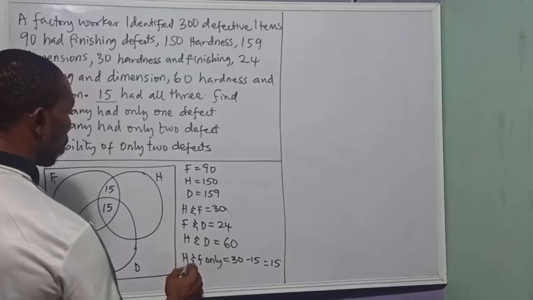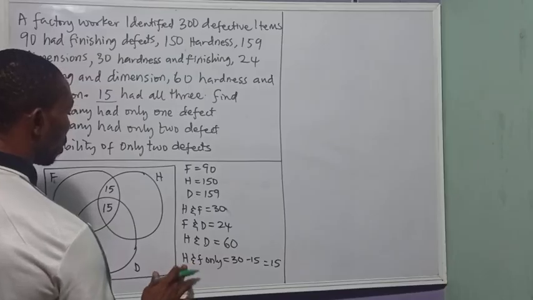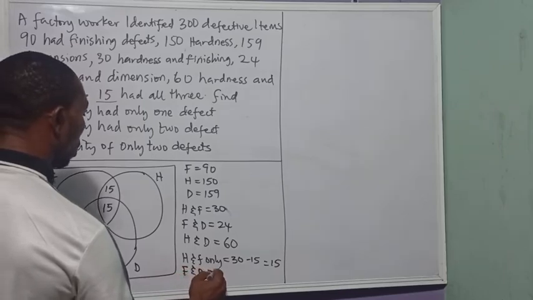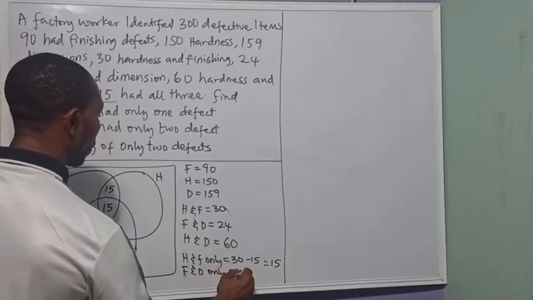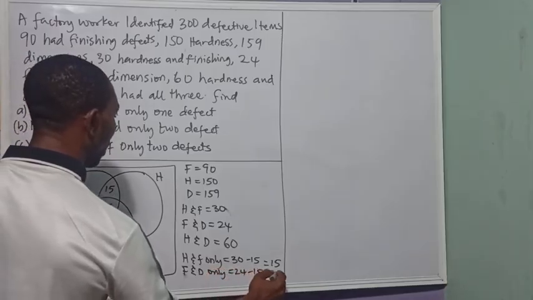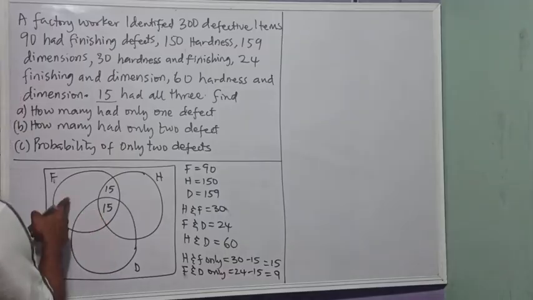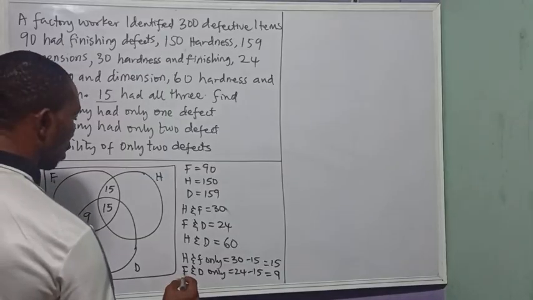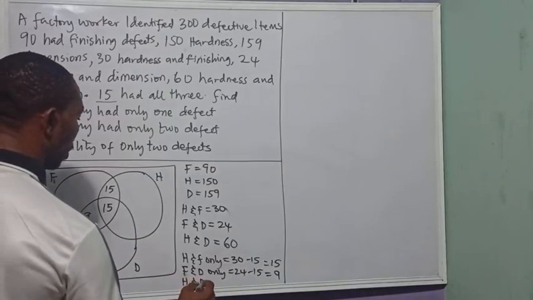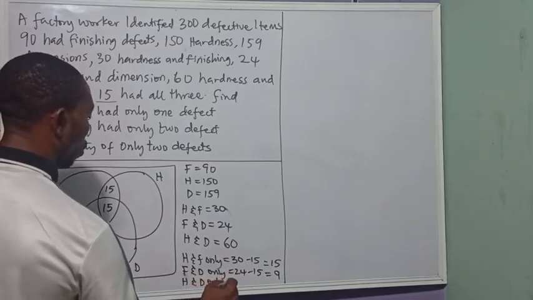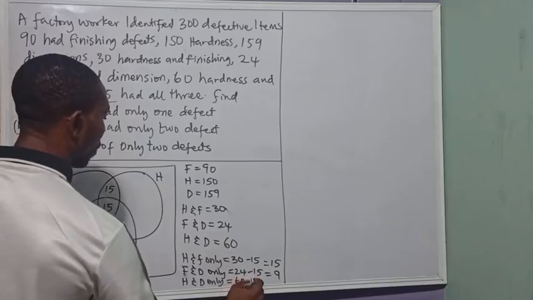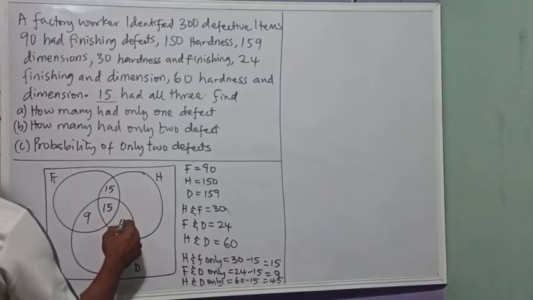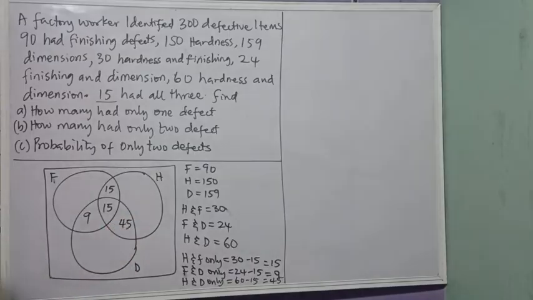For finishing and dimension only, we have 24 minus 15, which gives us 9. And hardness and dimension only would be 60 minus 15, which gives us 45. So here we have 45.